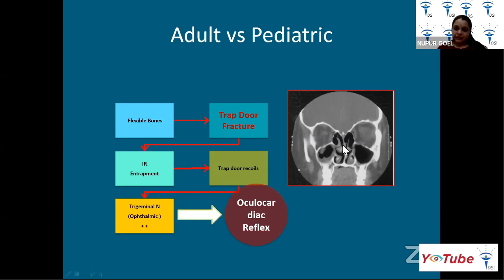So in these children, it may actually be a white-eyed fracture. You may not have any apparent clinical signs, but if you notice a limitation of elevation, you suspect an inferior rectus incarceration, you do a CT scan, and it's one of the indications for early repair of the fracture.